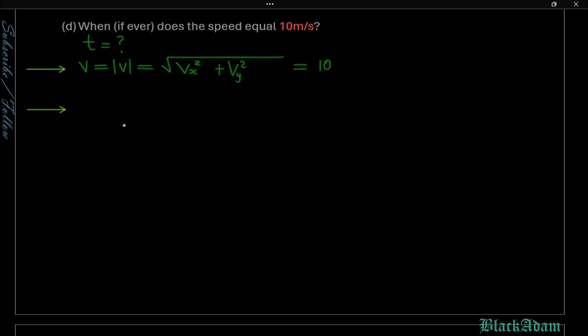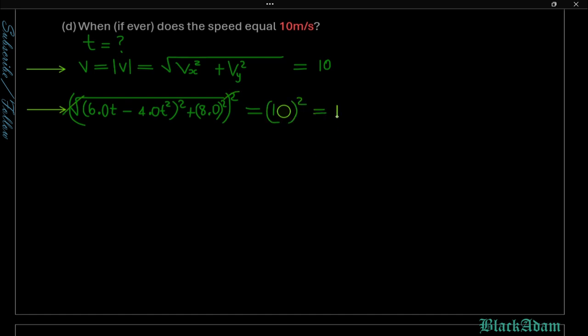Our horizontal speed is 6.0t minus 4.0t squared, all to the power 2, plus 8.0 to the power 2, and that should give us 10. So solving for t, we square both sides.